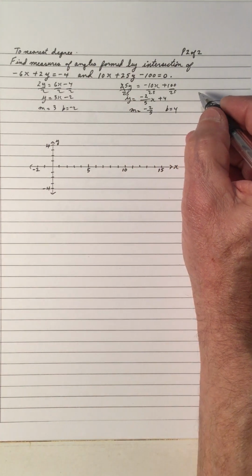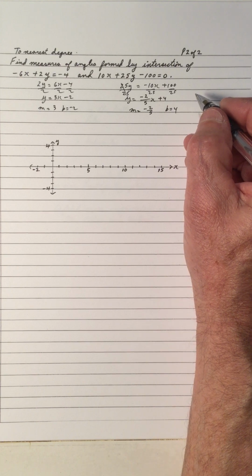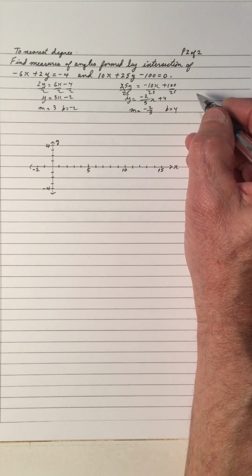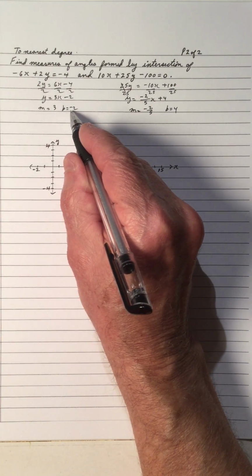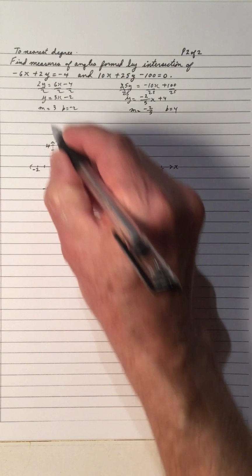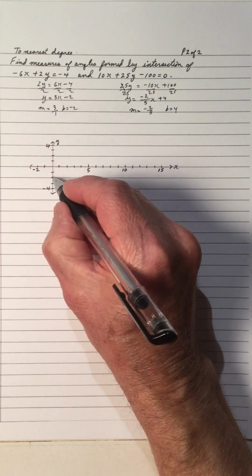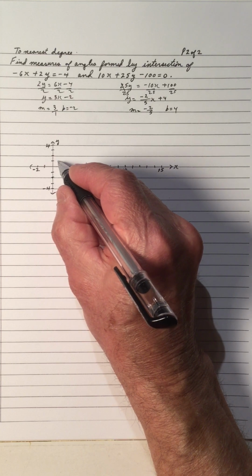So let's plot these lines, and I can find my ruler. Here we go. This line has a y-intercept of negative 2, which is right here. Slope is 3 over 1, so we rise 1, 2, 3, run 1.